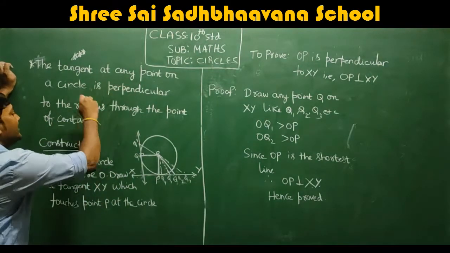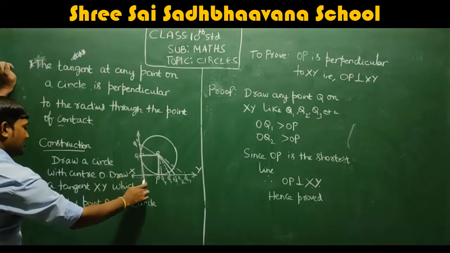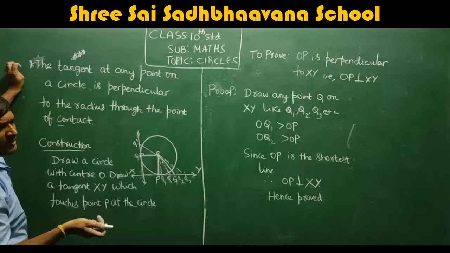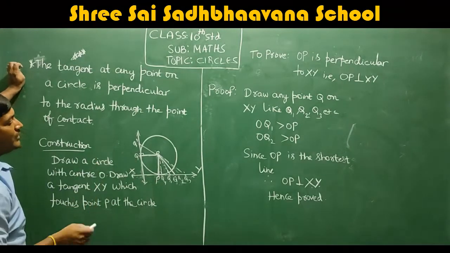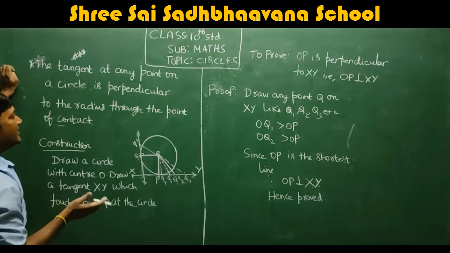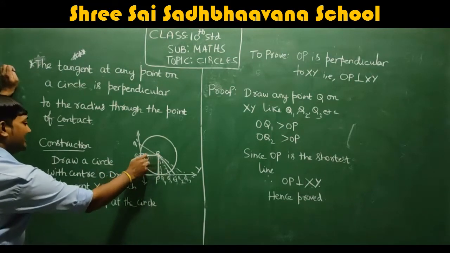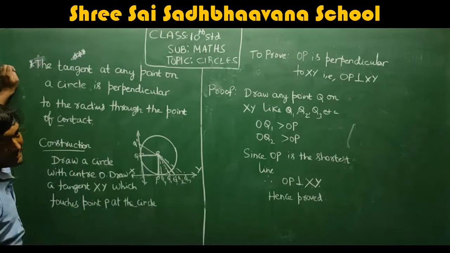I'll explain once again. A tangent at any point on a circle. We draw a tangent at one point P, any point you can take. I've taken P, I've taken Q here. A tangent at any point on a circle is perpendicular to the radius of the circle through the point of contact.